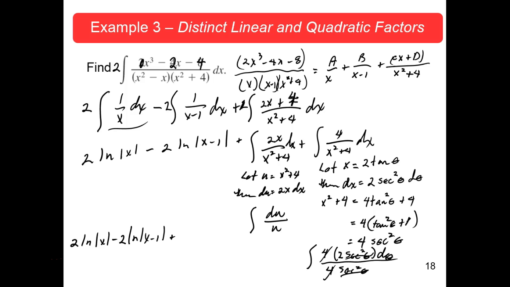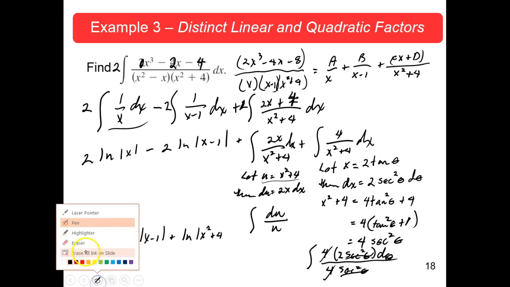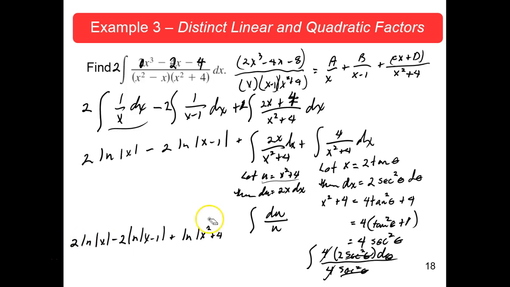The log of u. And what's u? X squared plus 4. Yes, plus. And this didn't have a 2 in it, just log of absolute value x squared plus 4, right? But guess what? X squared can't be negative, can it? And you add 4 to it, and that surely can't be negative, so we can put parentheses around that one. Not that it matters. But log of x squared plus 4, because that was what your u was.